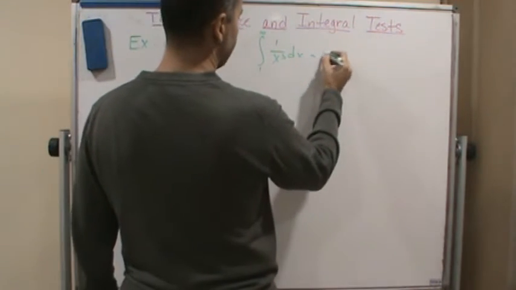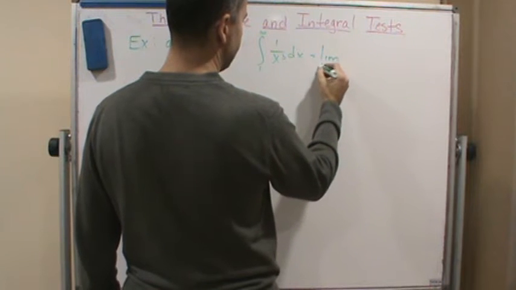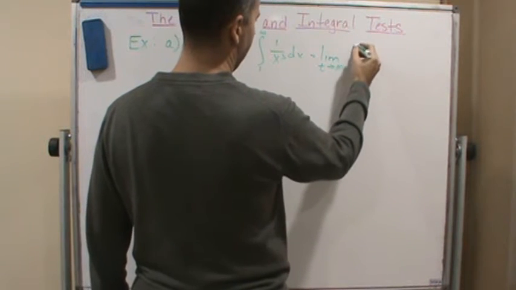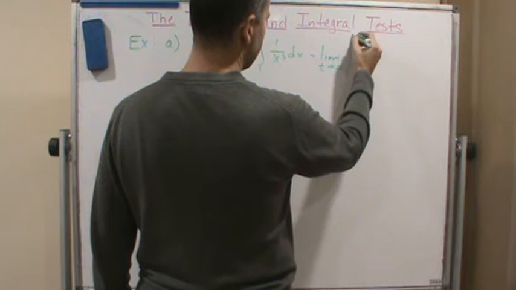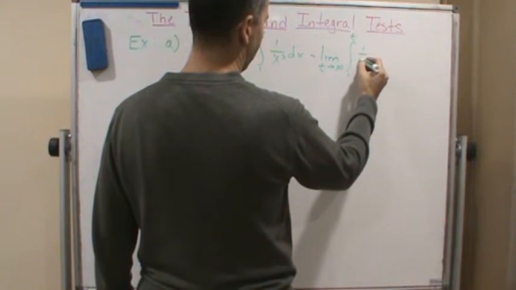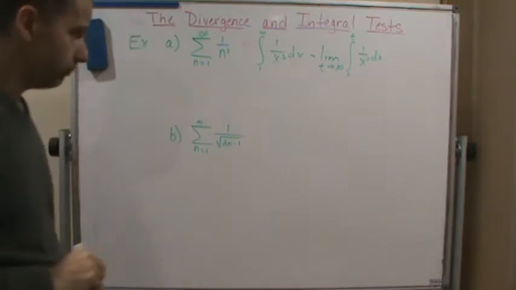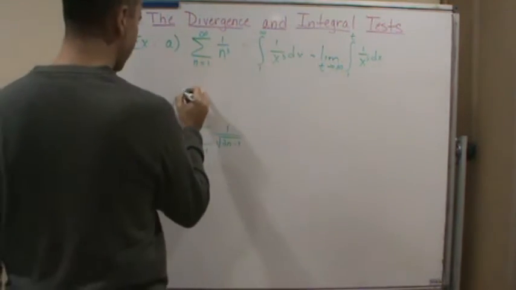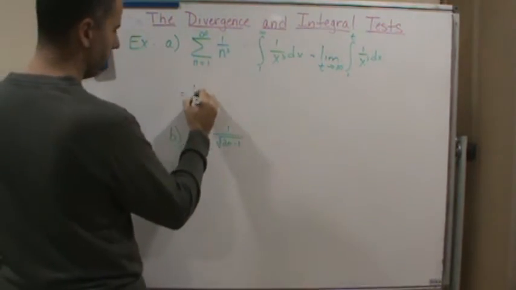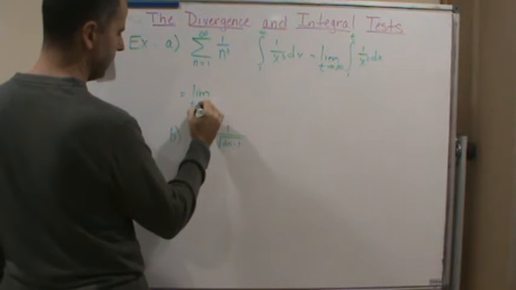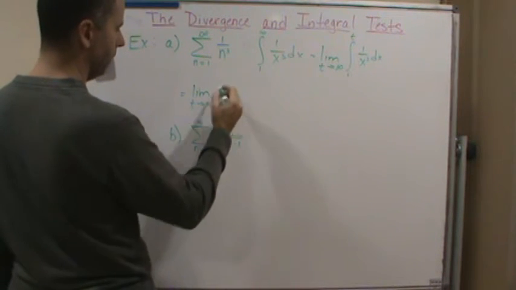So that means we're going to take the limit as t approaches infinity of the integral from 1 to t of 1 over x cubed dx, which then is going to equal what? The limit as t approaches infinity of what?